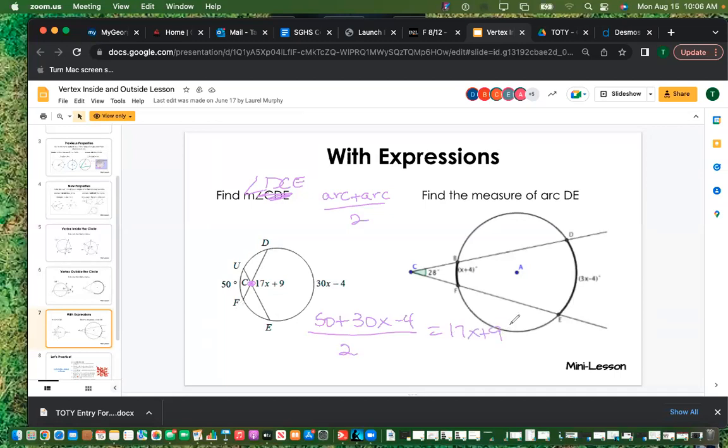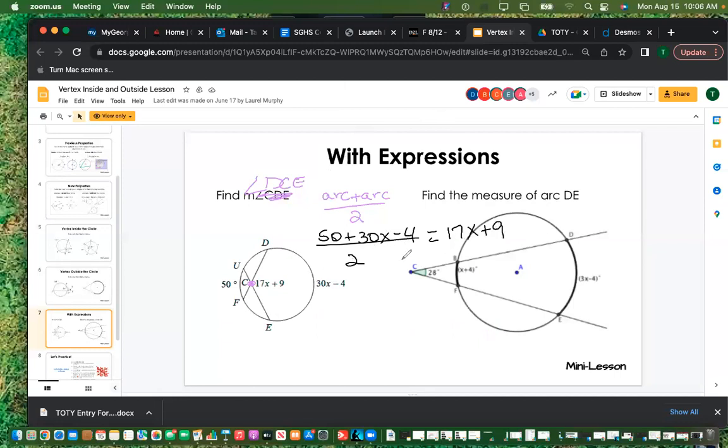Okay, so that's a lot of math. So here it is again. You've got 50 plus 30x minus 4 divided by 2 equals 17x plus 9.